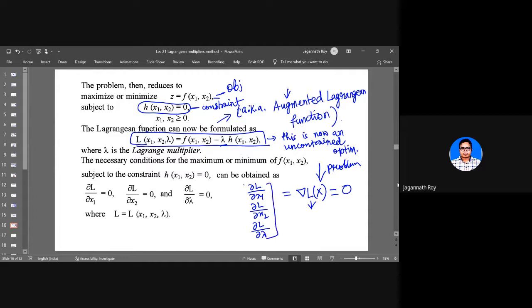So this is our gradient now. So this is 0, and individually they will become 0.